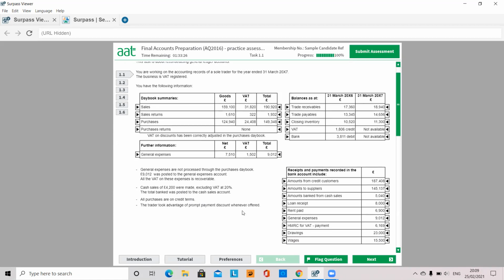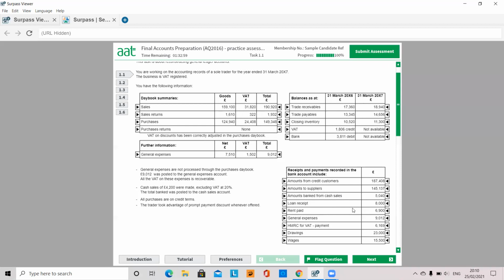We've then got these receipts and payments as far as our bank is concerned. So amounts from our credit customers, so from our trade receivables, we've received £187,408. We've paid our suppliers £145,137. We've banked cash sales 5,040.